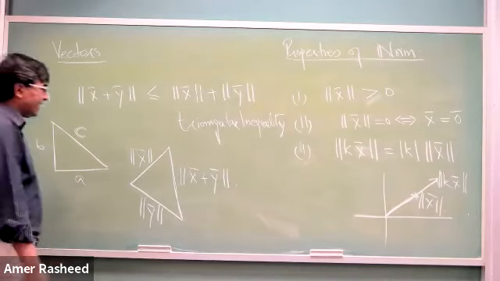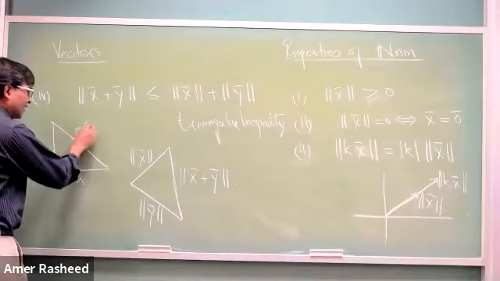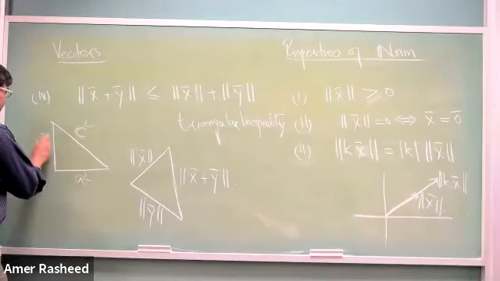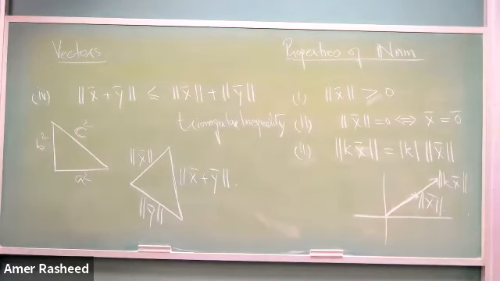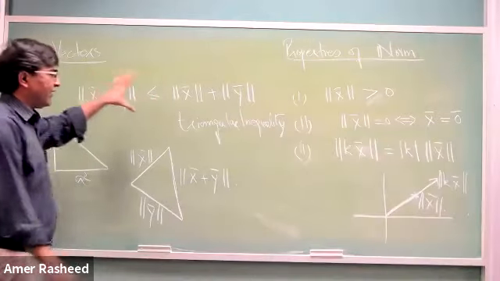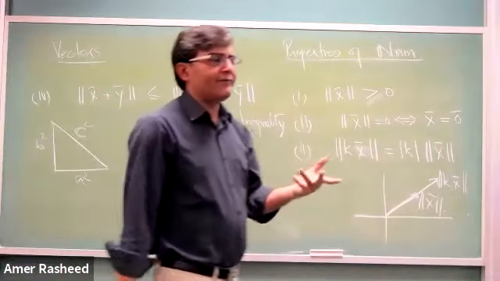The Pythagoras theorem is basically that the square of this side is equal to the sum of the squares of A and B. That is different, but this is different. This is the triangular inequality. This holds for any kind of triangle.